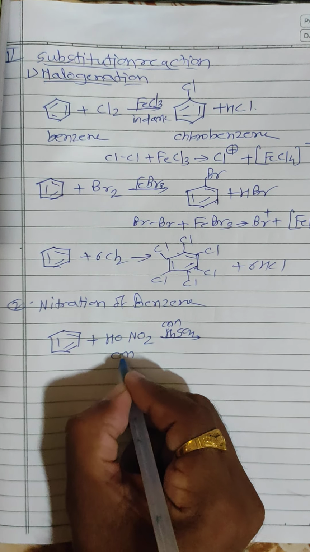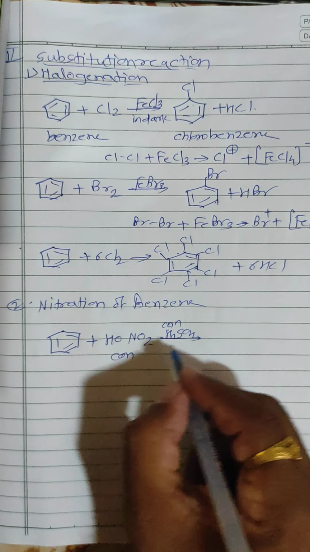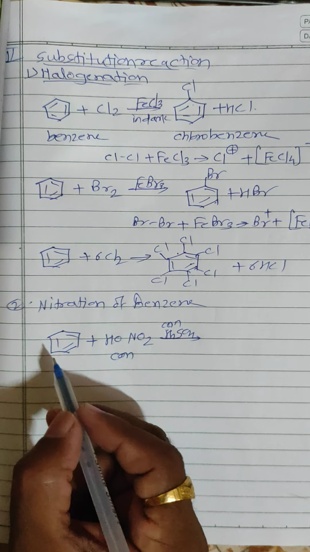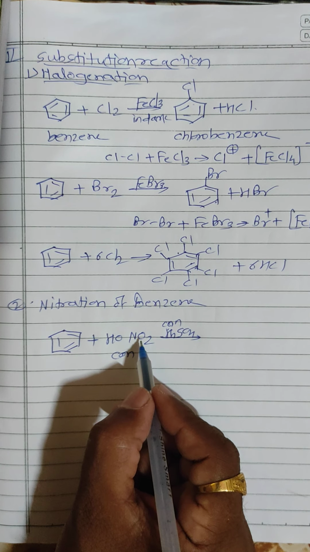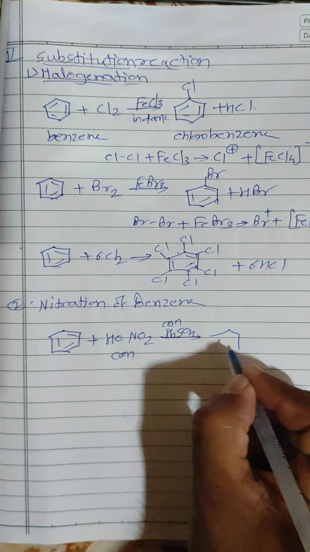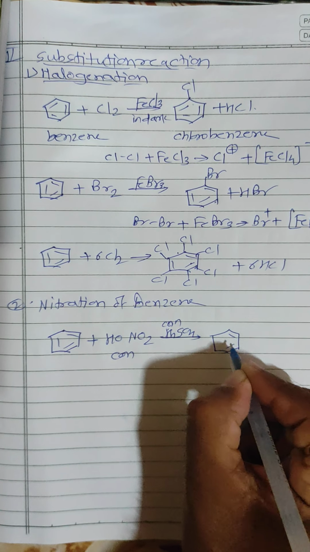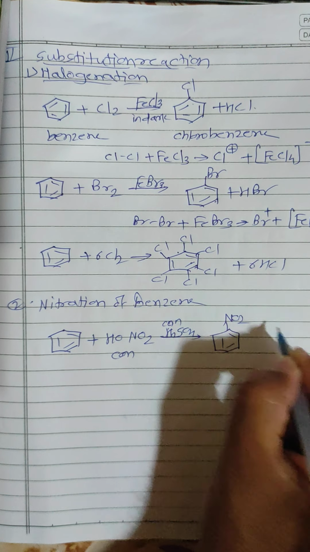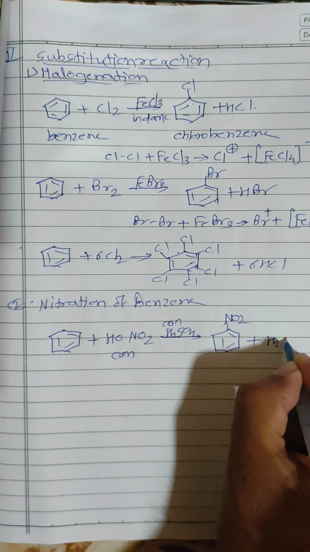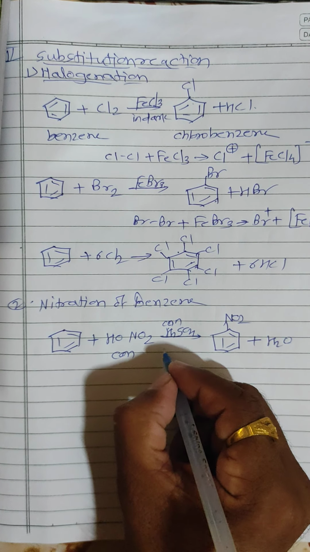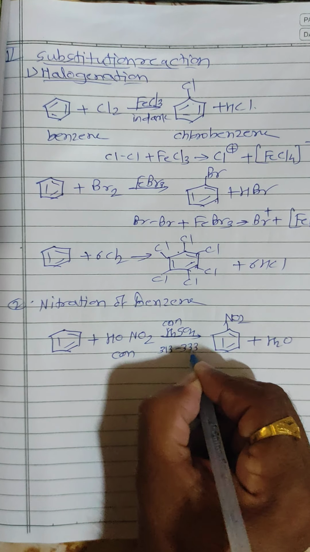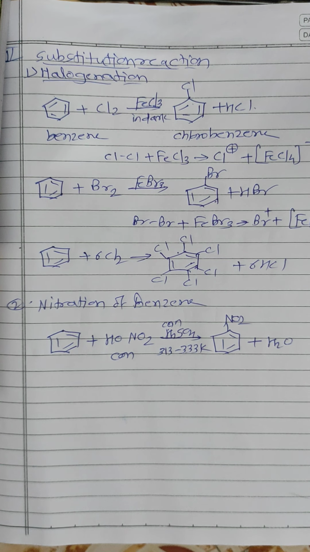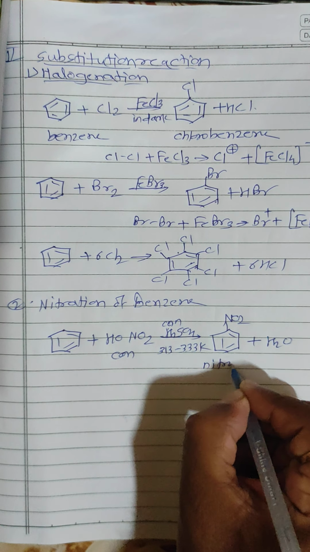They react together, and the hydrogen atom from one carbon is replaced by a nitro group to form nitrobenzene plus H2O. The reaction is carried out at about 313 to 333 Kelvin. It gives nitrobenzene. The name of this compound is nitrobenzene.